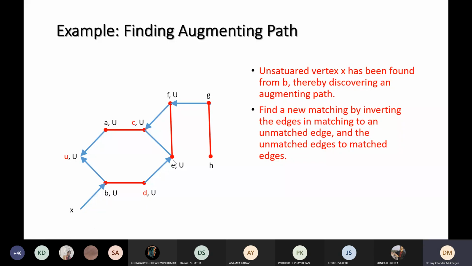So D's parent is E. E is matched to F, so you go by EF. So you find that augmenting path: X to B, B to D, D to E, E to F, F to C, C to A to U. Now you change the status of the edges, and you find this new matching. That is how this algorithm will work.